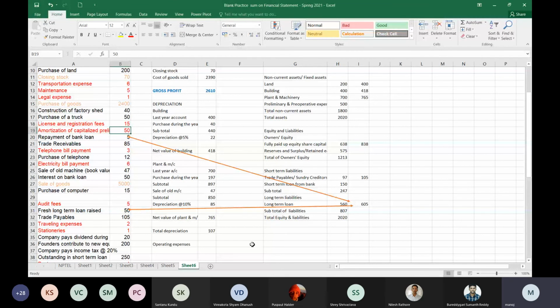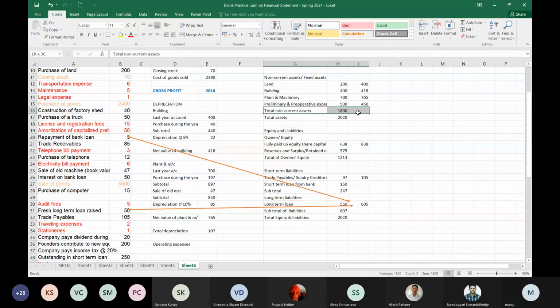Last year you had incurred 550 rupees and amortized 50 rupees, so you are left with 500. Out of that you are amortizing 50. So whatever will be left is equal to 500 minus whatever you have amortized, so this year it will be 430.